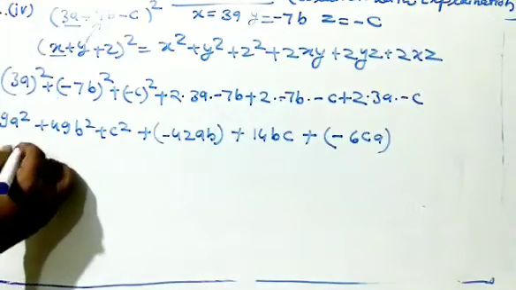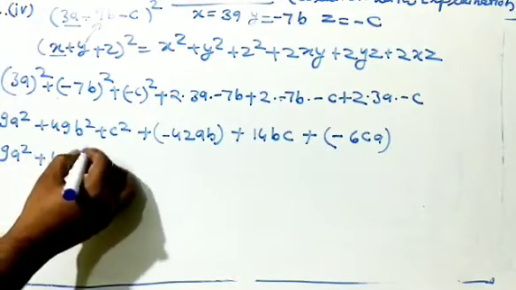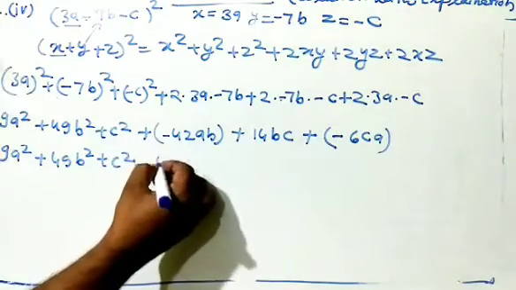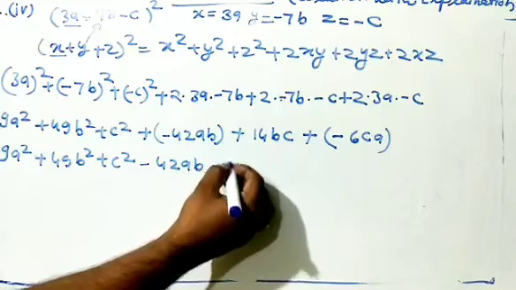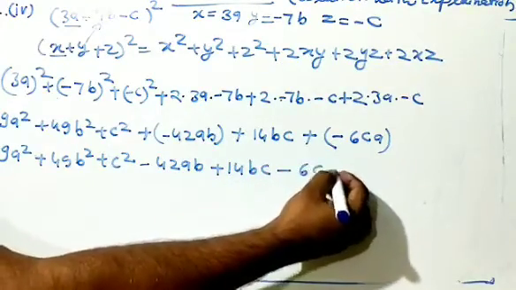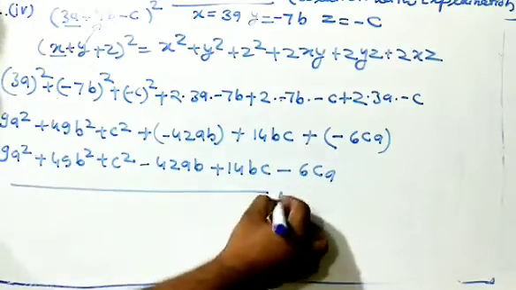Now once again: 9a square plus 49b square plus c square, minus 42ab plus 14bc minus 6ca. So this will be your answer.